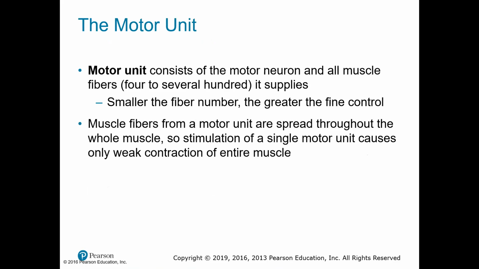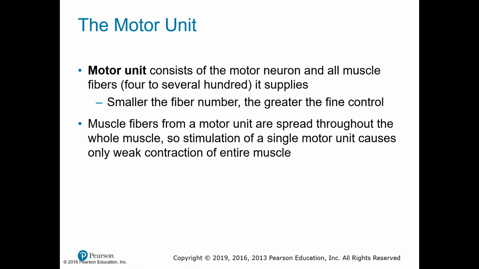Now, if you have a nerve that's stimulating 400 muscle cells, you have general control over the muscle. You're not going to be using that muscle for precise actions. Remember, the motor unit is a nerve and all the cells that are being innervated.